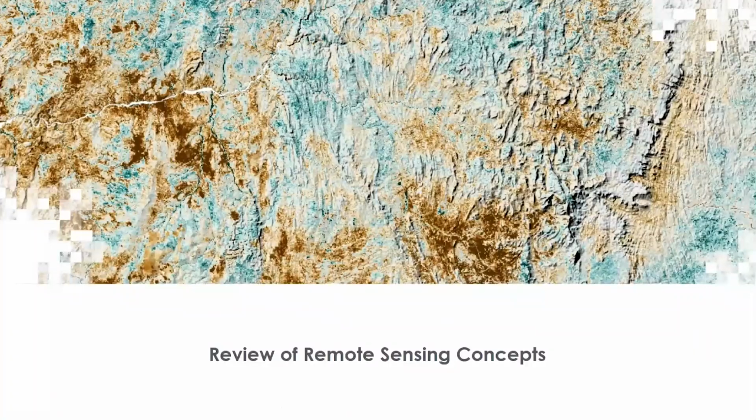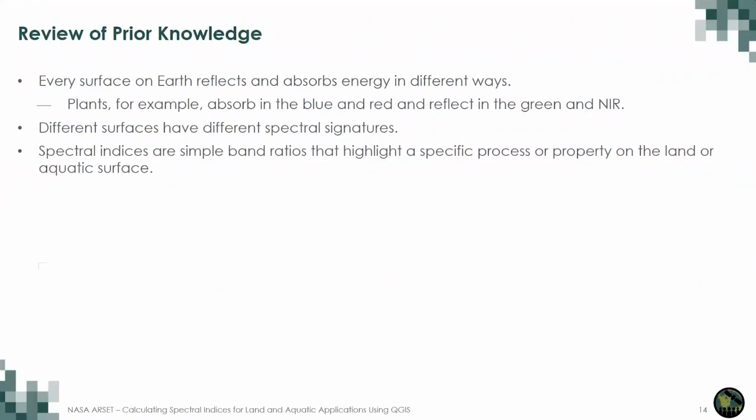So let's review some remote sensing concepts. To do a quick review of the information from the Fundamentals of Remote Sensing, which are relevant to this course, every surface on Earth, and in general, reflects and absorbs energy in different ways. This fact is easily observed by the fact that healthy vegetation appears green to our eyes.